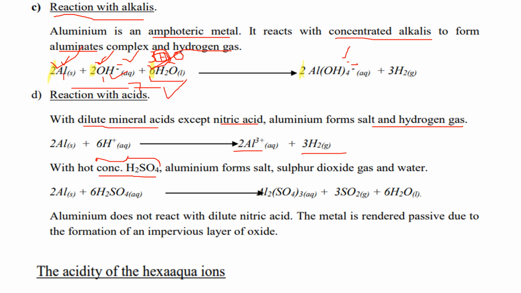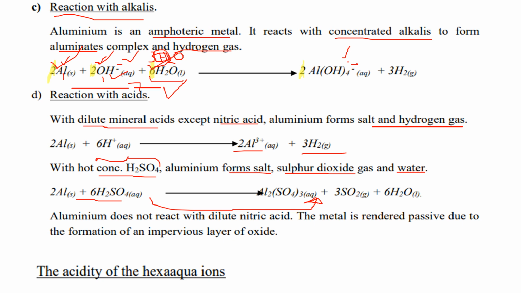So you're saying that with hot concentrated sulfuric acid, aluminium is going to form a salt, and not only salt, but it's also going to form sulfur dioxide gas and water. So that's why you're having this equation, and we looked at balancing this equation in the previous videos, and everything was explained. So if you didn't see it, review redox videos and other videos where I explained balancing these equations.